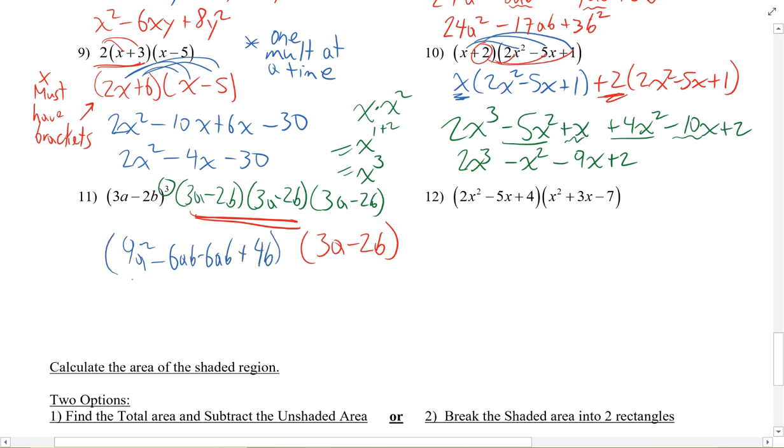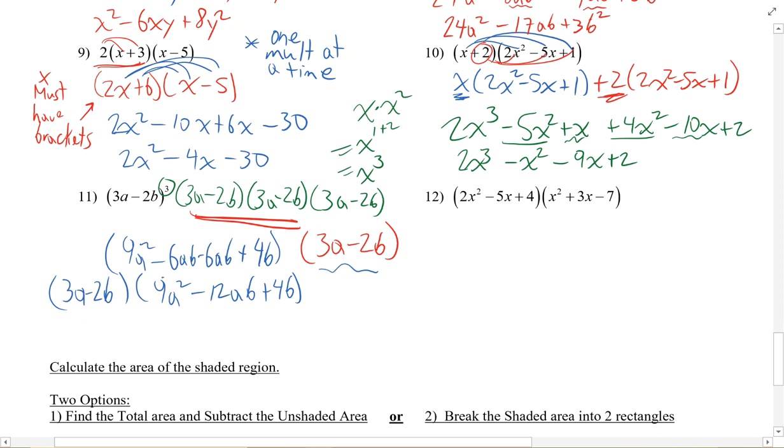Middle terms collect. 9a squared minus 12ab plus 4b squared. Now, I don't really like this here, so I'm going to move it up to the front because I'm more comfortable with it there. 3a minus 2b. I mean, you could work it from the back, no big deal.